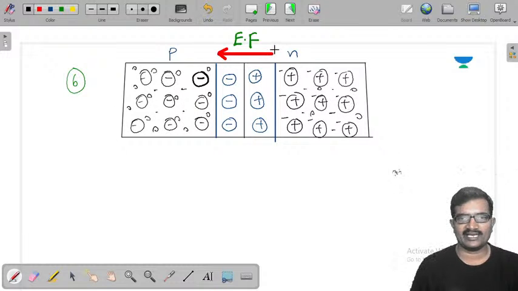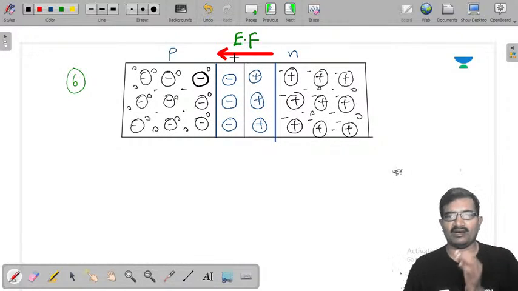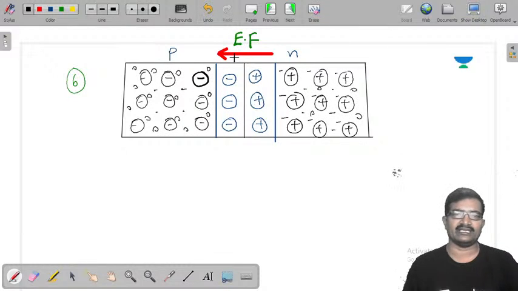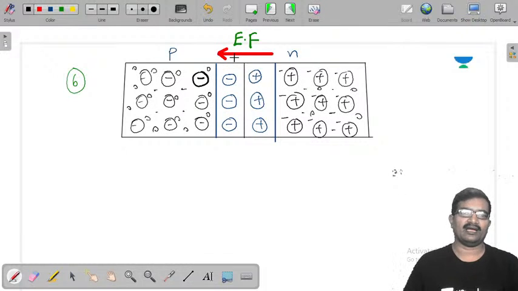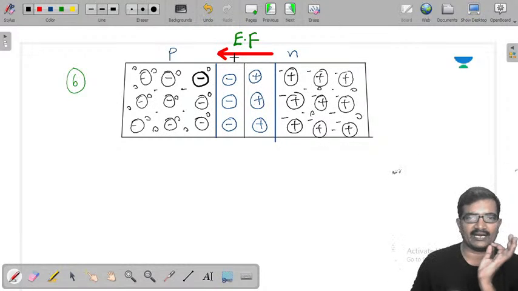Now the electric field is directed at the junction from N region to P region due to this dipole effect at the junction. Due to this electric field, we know that electrons will move opposite to the direction of the electric field, and holes will move in the direction of the electric field.